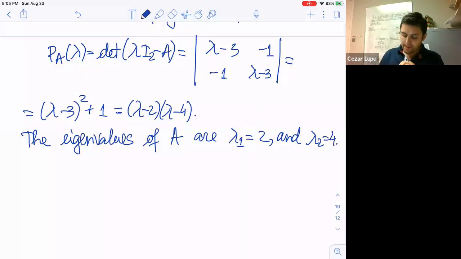Now for their corresponding eigenvectors, let's take the first eigenvalue, lambda 1 equals 2.